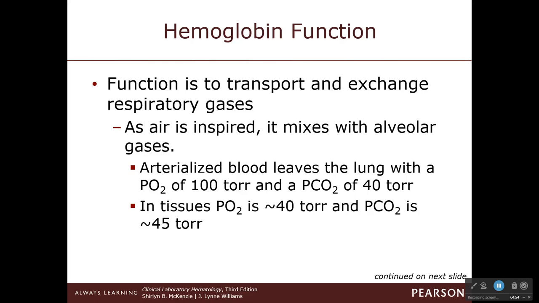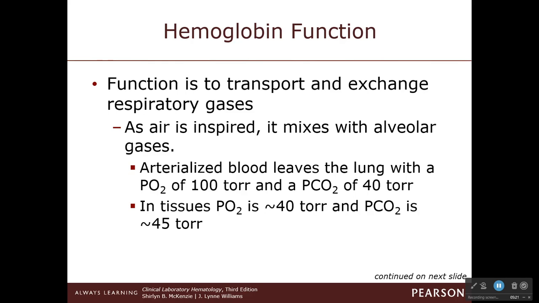At 25 millimeters mercury, from here up, these two need to be even with each other. Does that make sense? So right there is where P50 is for us. So at 25 millimeters mercury of O2, we should have 50%. That's normal, that's what we want.